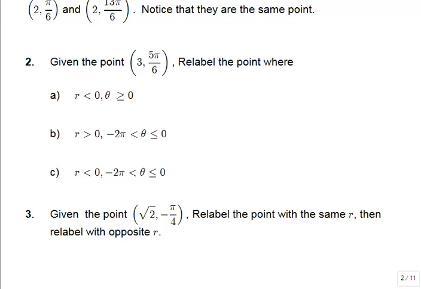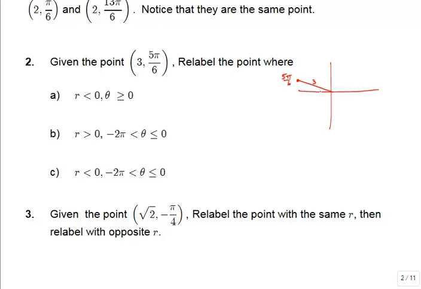So let's think about what that would have to look like. So imagine 5π/6, that's over here, in quadrant 2, going out a distance of 3. So what would be a corresponding point that gives us that same dot, but we would want the r to be negative and the theta to be positive.